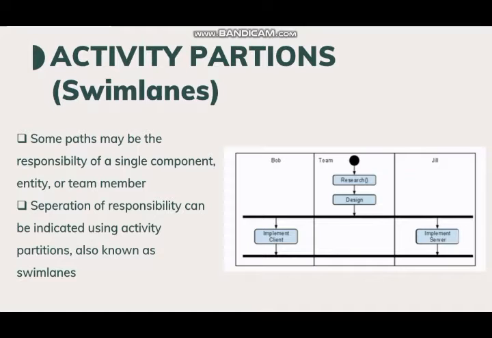In this example, we can see the entire team performs research and then performs a design step. Then we have a concurrent fork after which Bob implements the client and Jill implements the server. After the implementations are done, we have a concurrent join and come back to the team.